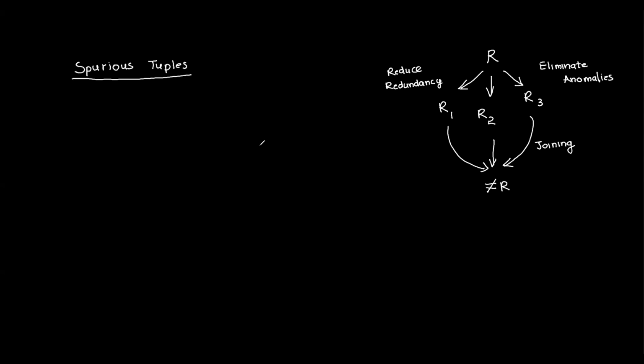Spurious tuples are invalid rows that are created, that are generated when joining any relation.